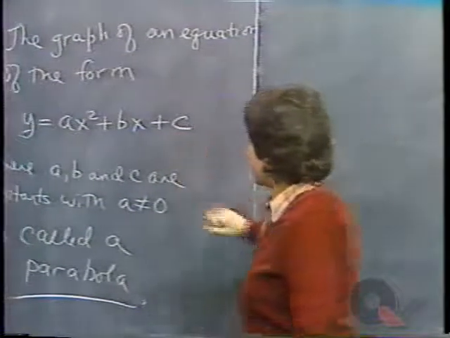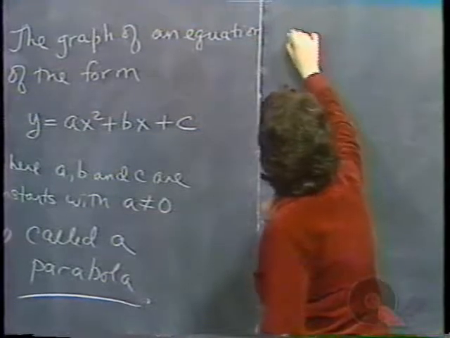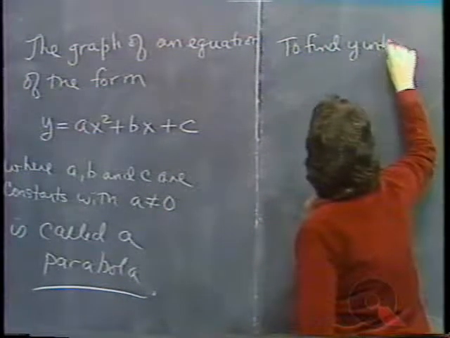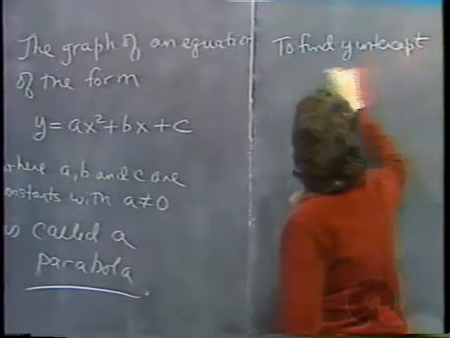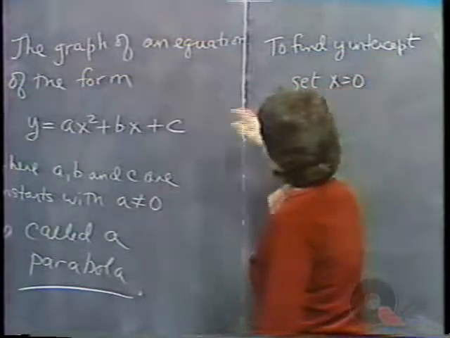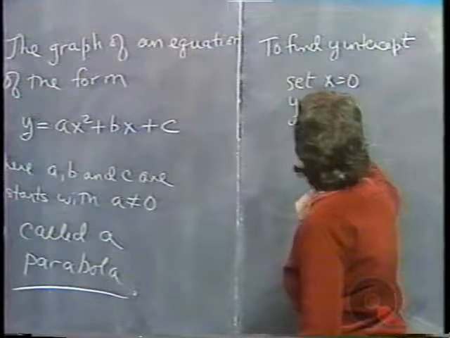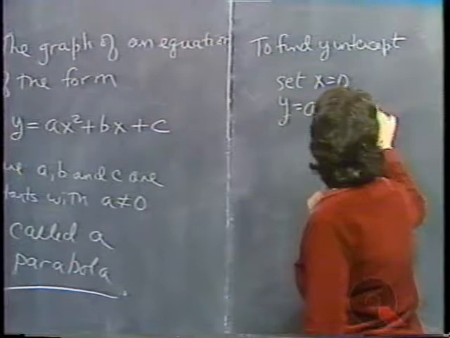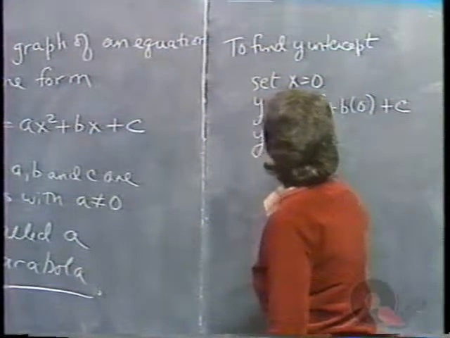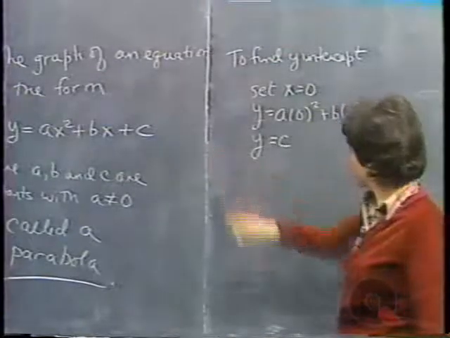To find the y-intercept, we let x equal 0, and we see that y would be equal to a times 0 squared plus b times 0 plus c, or y equals c. So the y-intercept is c for this curve.